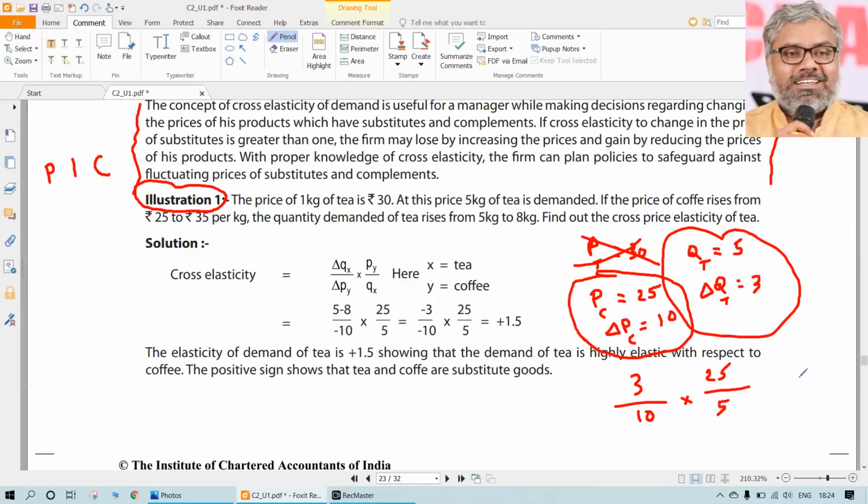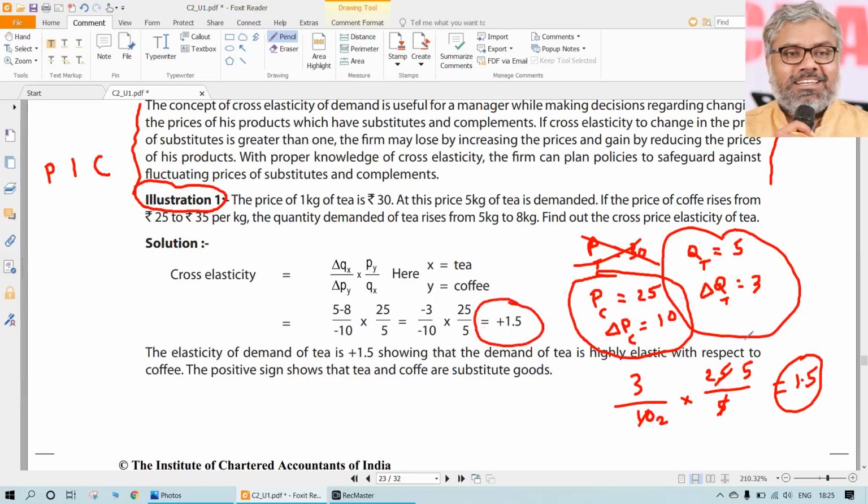That's all. When you have this calculation done, you will easily have the answer finally. So 5 will go into 25 five times, so that will go here 2 times. So 3 by 2 means 1.5 is the answer. So 1.5 is the cross elasticity of demand.